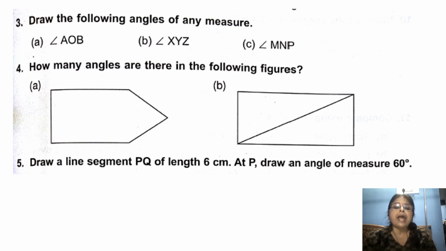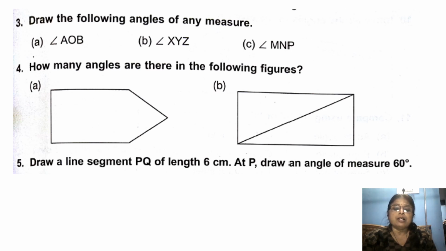Next, how many angles are there in the following figures? Here, wherever two arms join at a point, an angle is formed. So at that point, you count the points and write down the number of angles. Next question, draw a line segment PQ of length 6 centimeters.